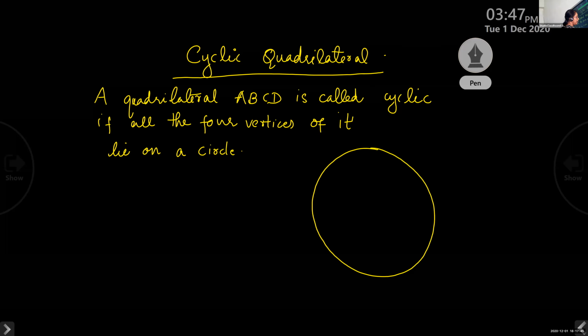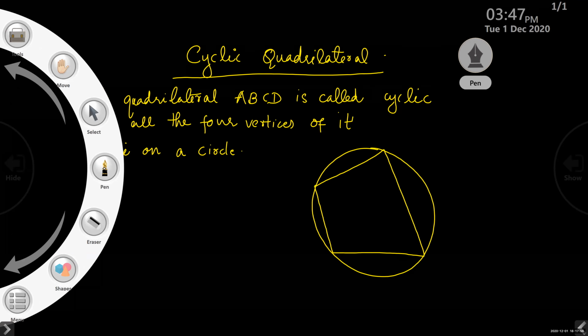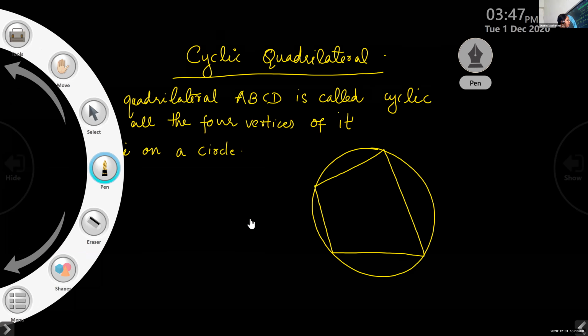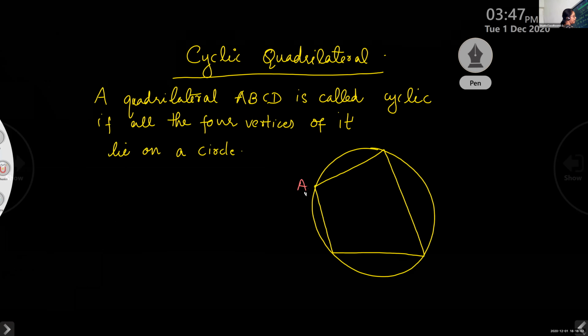In a circle, if you draw a quadrilateral like this, what can you tell about the vertices? Where are the vertices? A, B, C, D. Where do these vertices lie?